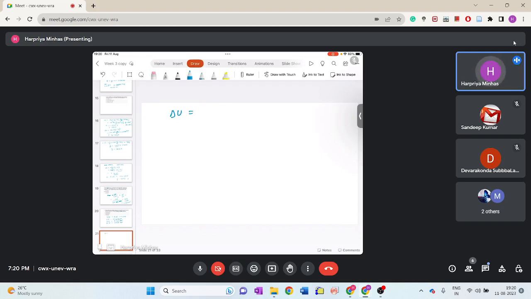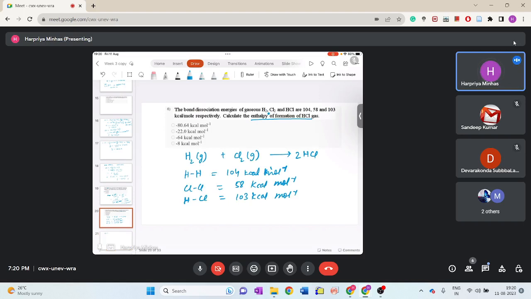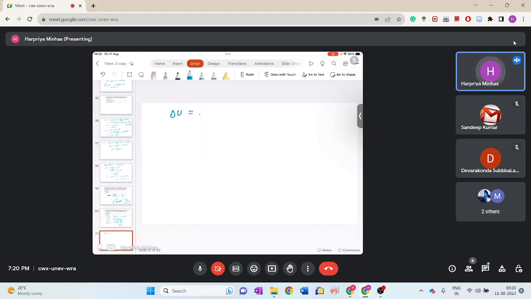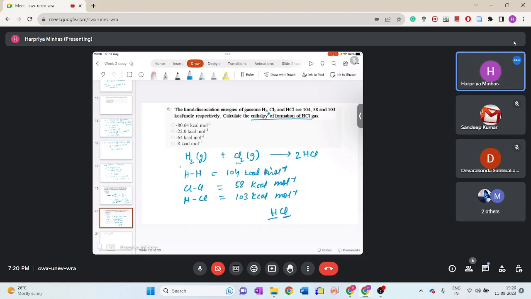So now these values are for your H2 system, right? For the formation of HCl we require one hydrogen and one chlorine, so we have to divide all the values by 2. So now taking half in, half outside, and taking the dissociation, this is your dissociation energy, so I am denoting it by D, right?